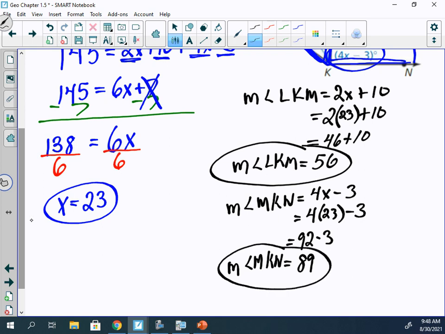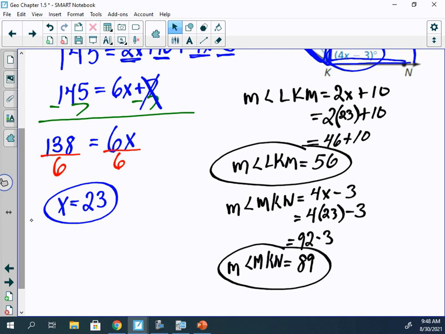It also works out if I do 145 minus 56, I'll get 89 as well. Because our 56 and 89 should add together to be what? The whole thing, which is 145. So these two angles should add together to be 145, and they do. So that's another way we can check to make sure we got the right answers.